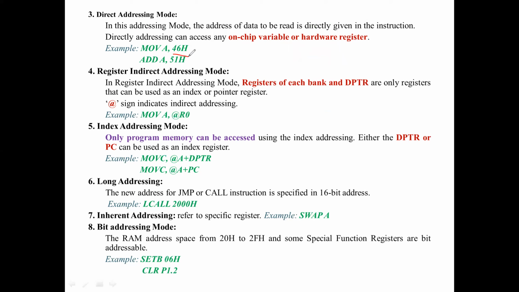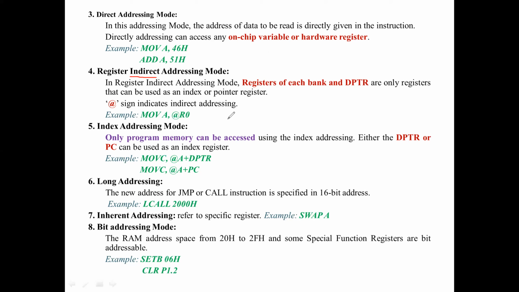Directly in the command we are placing the address, and the data within this is accessed to the accumulator. Fine. Next we will go to indirect addressing mode.